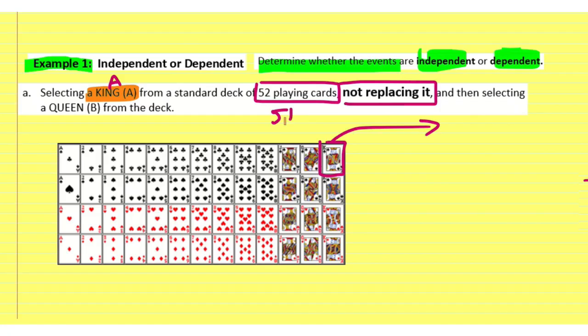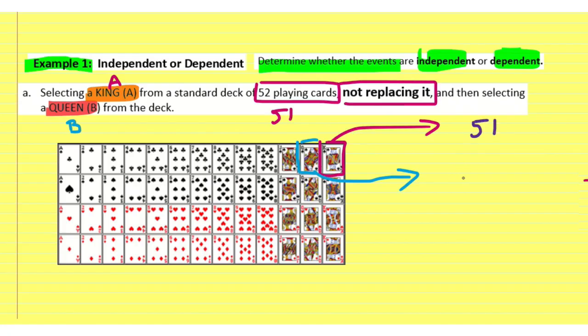Okay, so that means that we're now going to go look for a queen, and pulling a queen out of the deck is considered event B, the second event. So let's go find a queen. So there's a queen, and I am going to pull that queen out of the deck. And so now I started with 52, and after I pulled the king out of the deck, I only had 51.